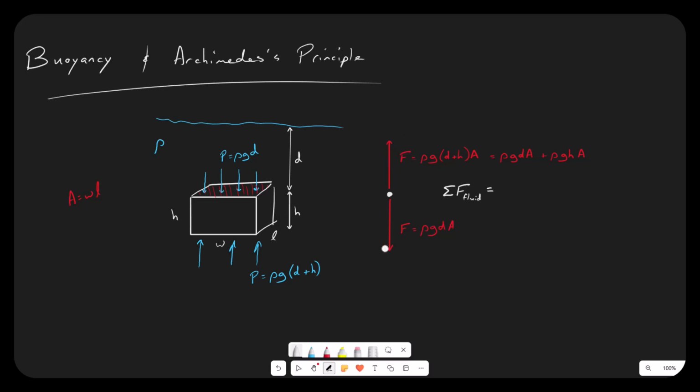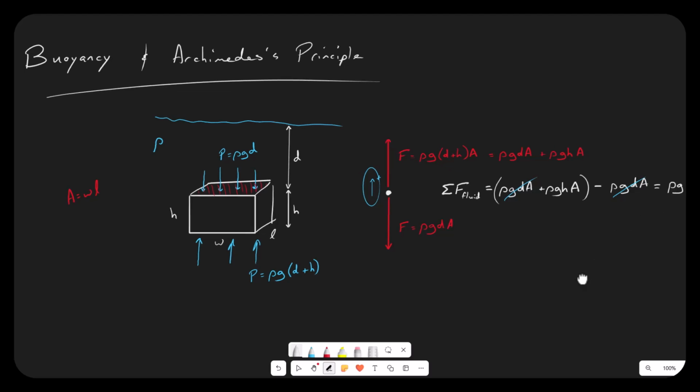We have this force up, we have that force down, so we're going to have a rho g d A plus rho g h A. That's my upward force, minus a rho g d A is my downward force, because I want to call up my positive direction. I have a positive rho g d A, and a negative rho g d A. So I get a net force from the fluid of rho g h A.